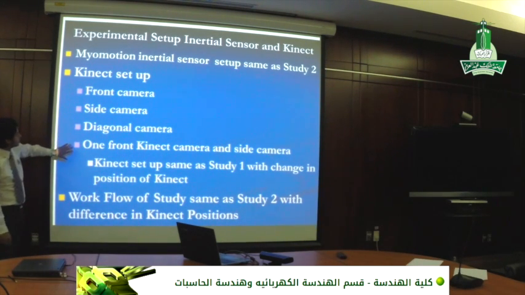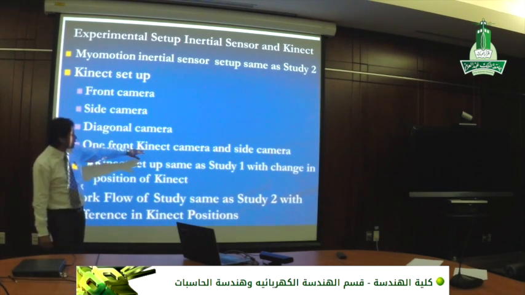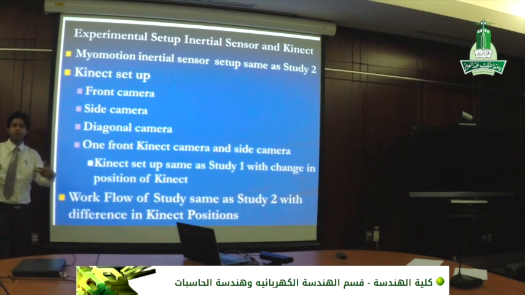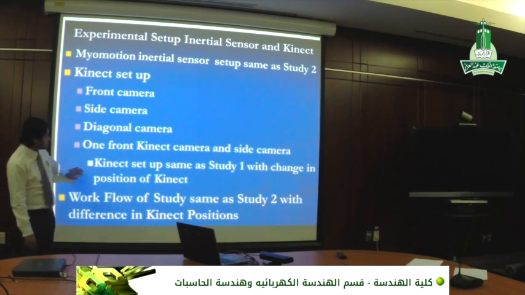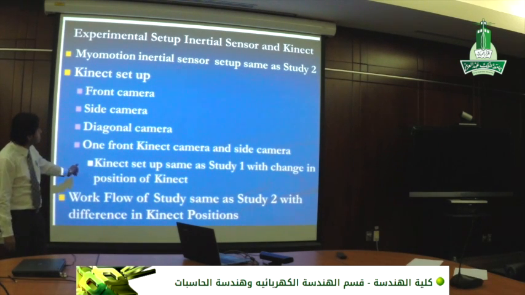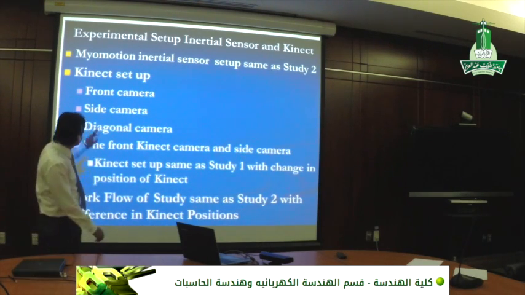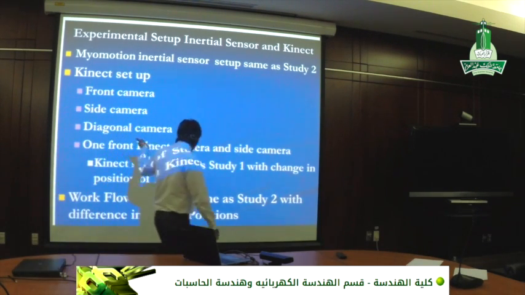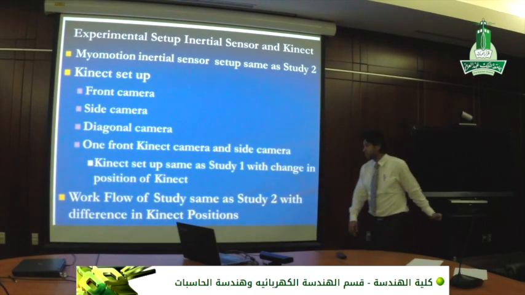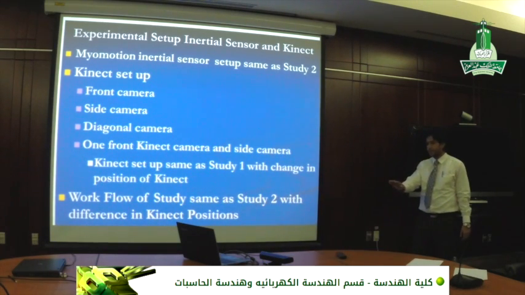This one was the heart of this study: using multiple Kinect cameras, one front Kinect camera and the side camera together, synchronized. The Kinect setup was the same as study 1 with changes in the position of the Kinect. The workflow for the study is the same as study 2, with the only difference being the Kinect positions.